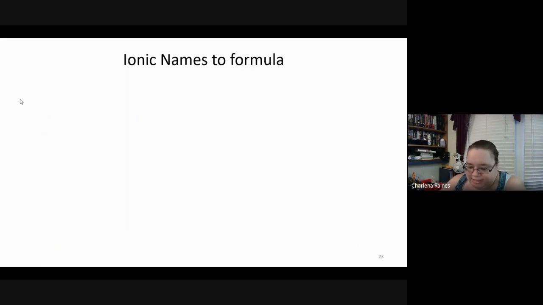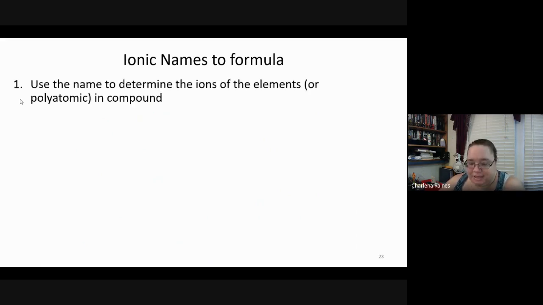Well, today's skill is basically going backwards. And the nice thing is getting the name from the formula you kind of already have seen because you've seen how to balance the charges. So when I give you that name, first thing you want to do is look at the name and figure out, okay, do we have polyatomics or not? Well, if the name ends in an IDE, that means we're going to have 2 elements 99.9% of the time.